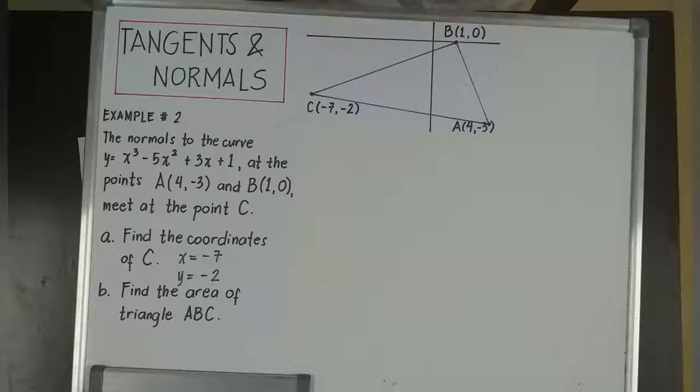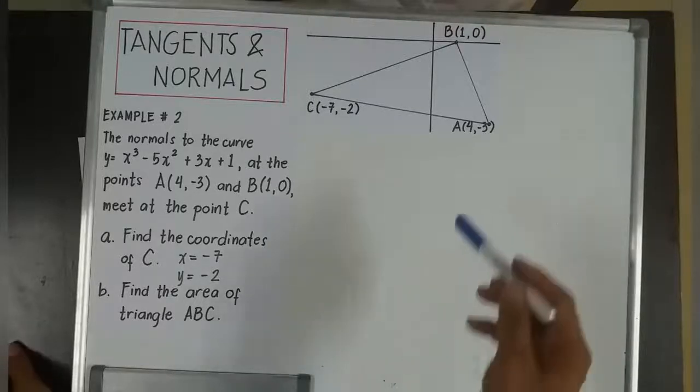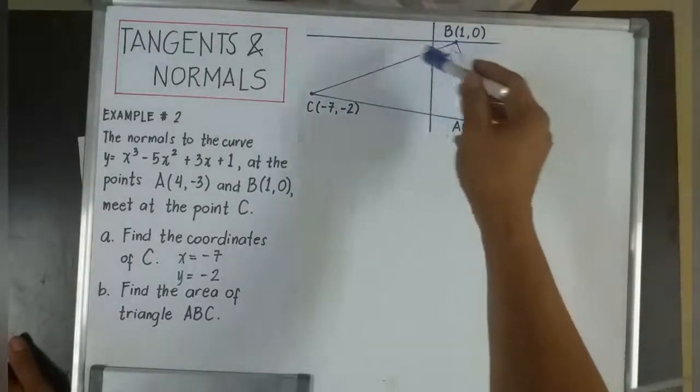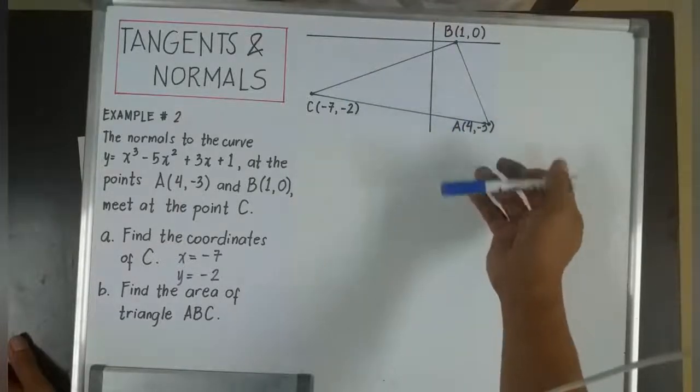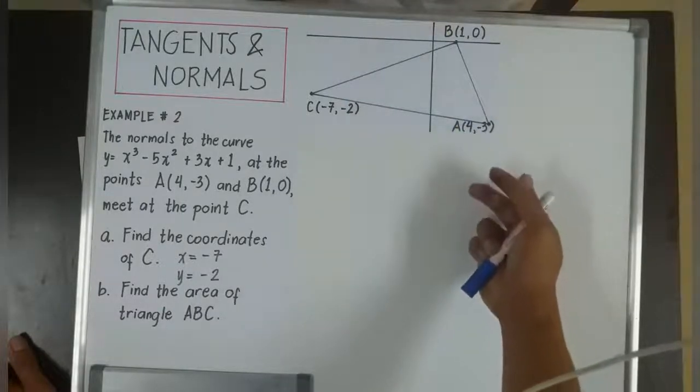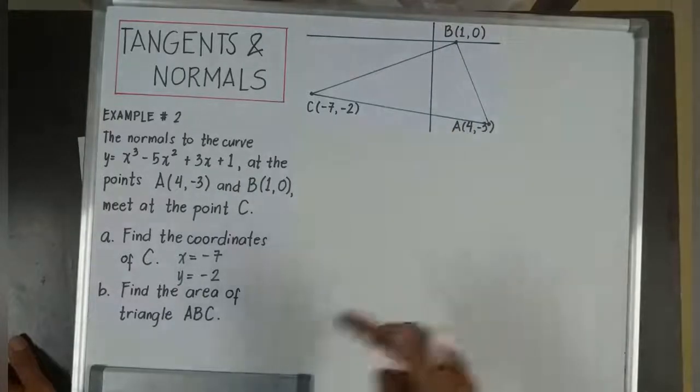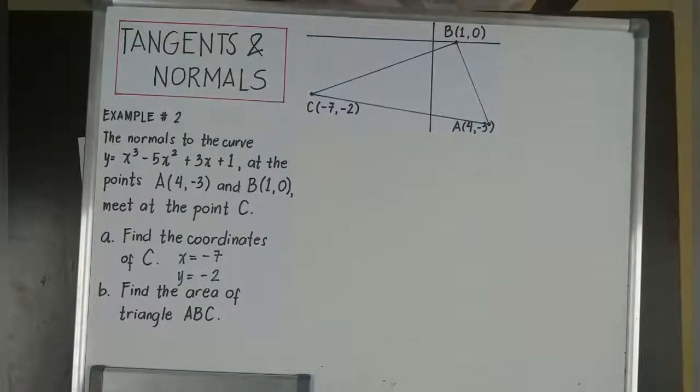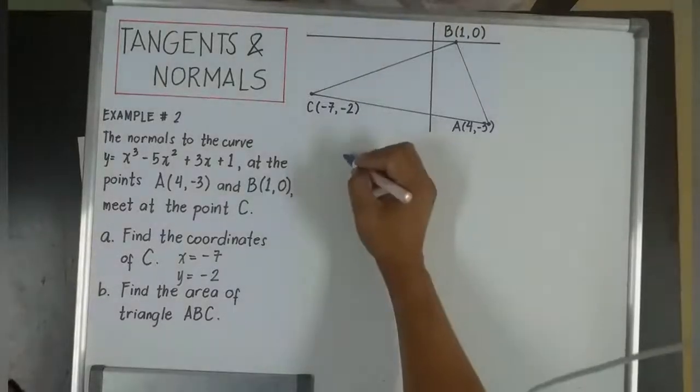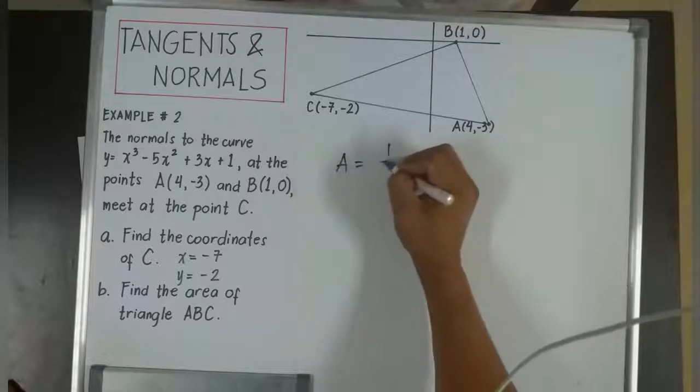If you are given points of a certain triangle, you don't need to get the altitude and the base or the distance among all these things just to solve for this. There is a shortcut method, which is your formula of the area will be 1/2.